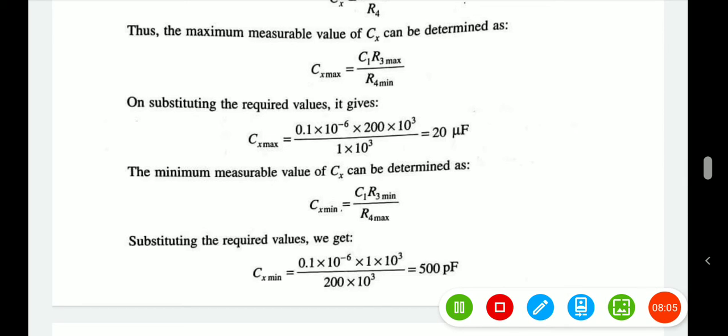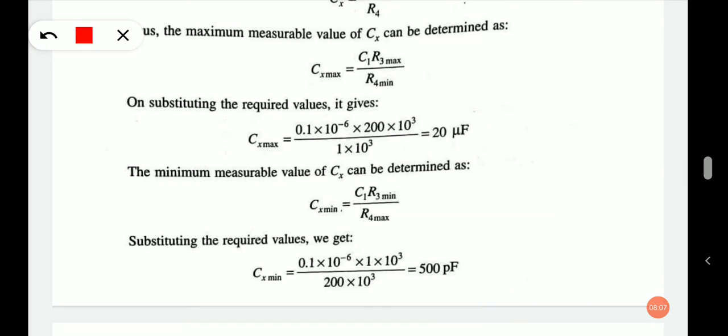The minimum measurable value of Cx can be determined as Cx minimum equals C1 R3 minimum upon R4 max.